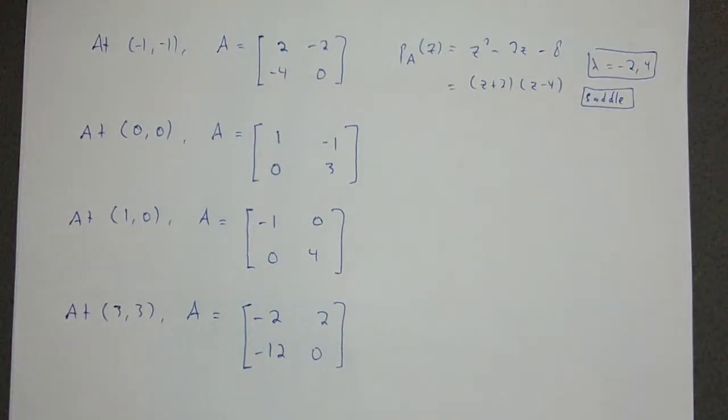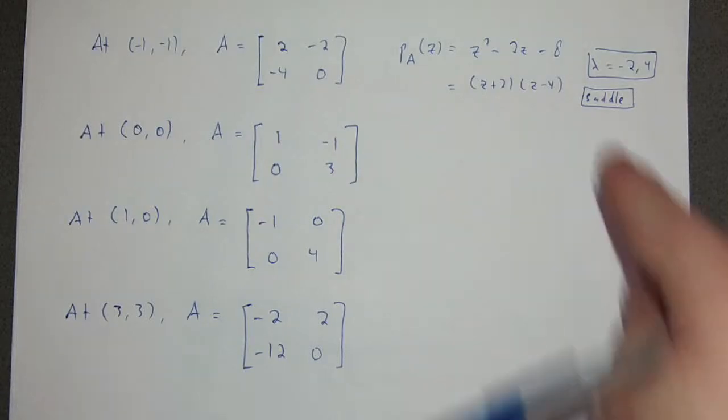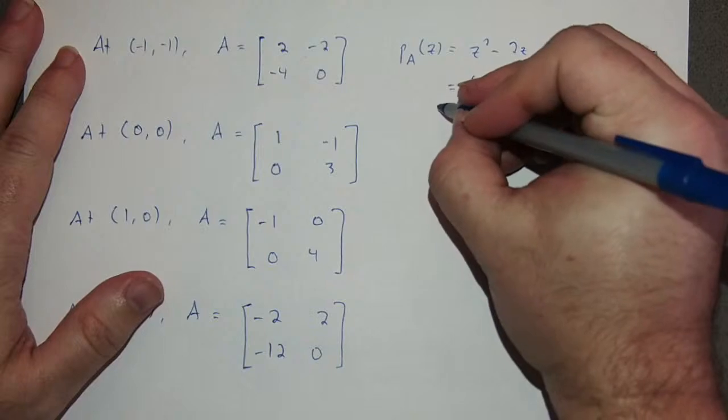All right, so I already know that this is a saddle, and I can immediately find eigenpairs if I really want to tell exactly how this works. So I'm just going to go ahead and write them.